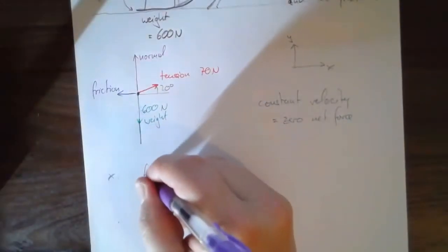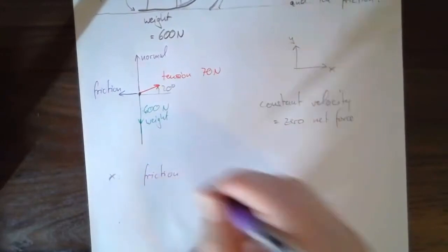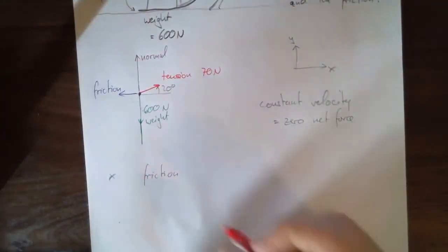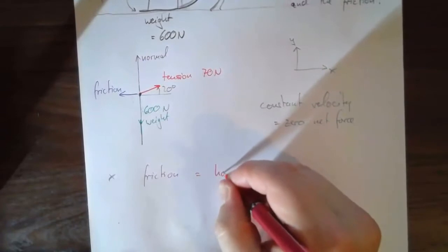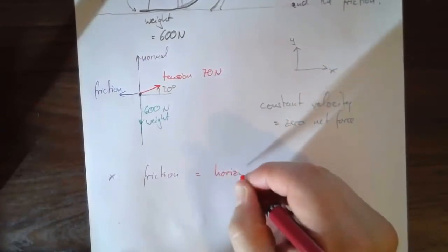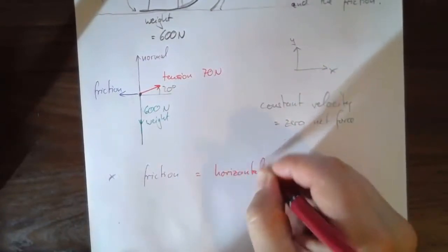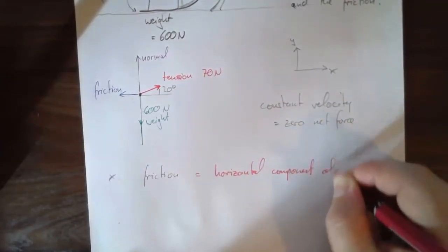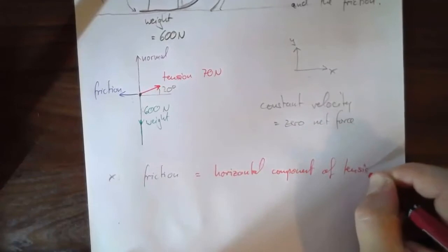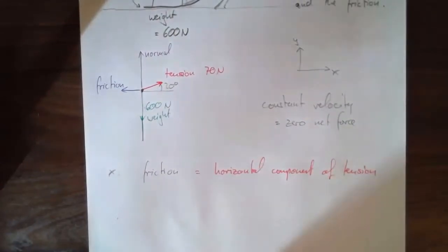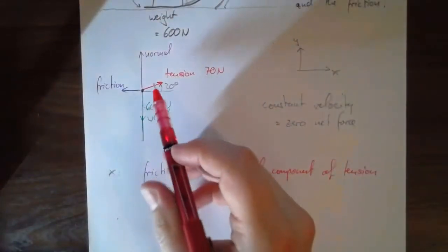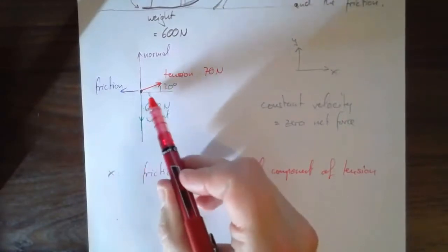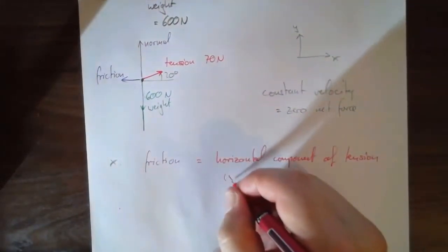So I have that friction is equal to the horizontal component of the tension, right? Because the tension is pulling at an angle, well, I need its x component. I could say this is the x component.